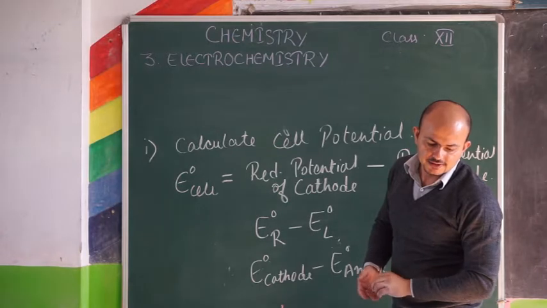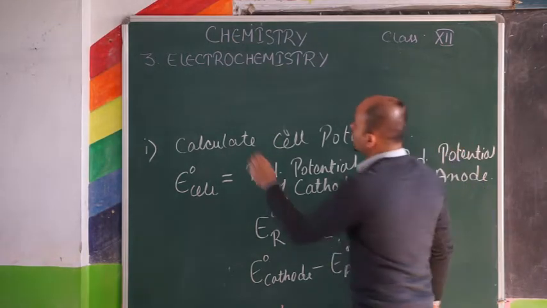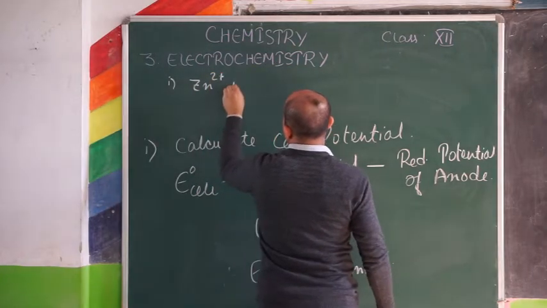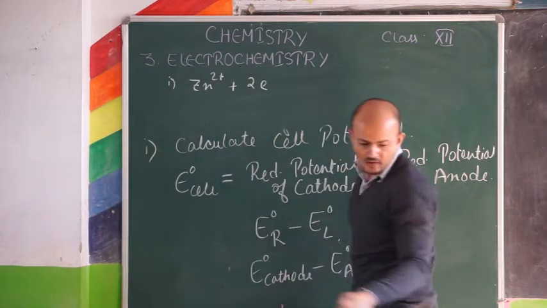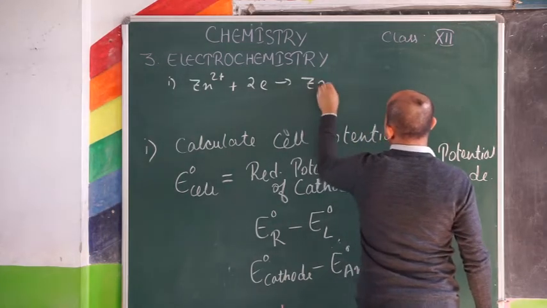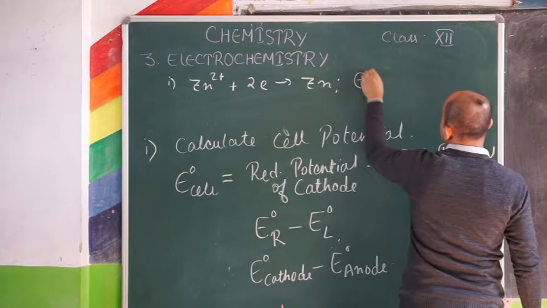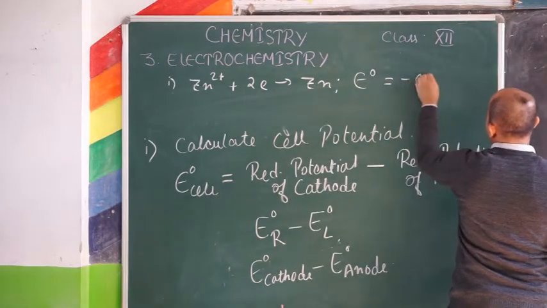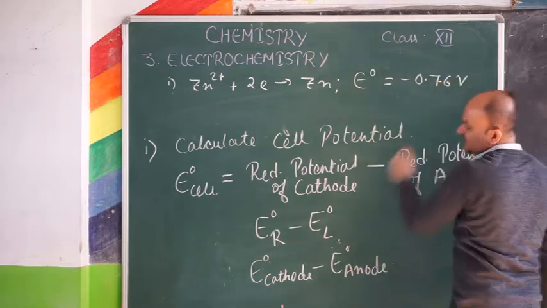Zn2+ gets 2 electrons and is converted to zinc, and its standard reduction potential is given as minus 0.76 volt.